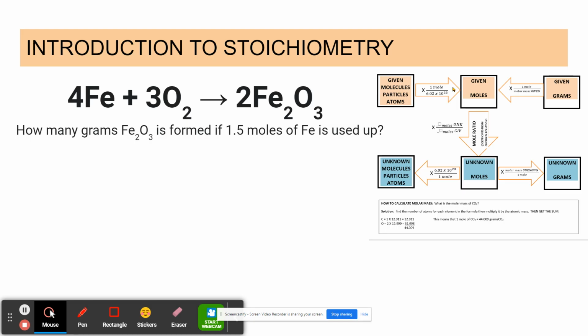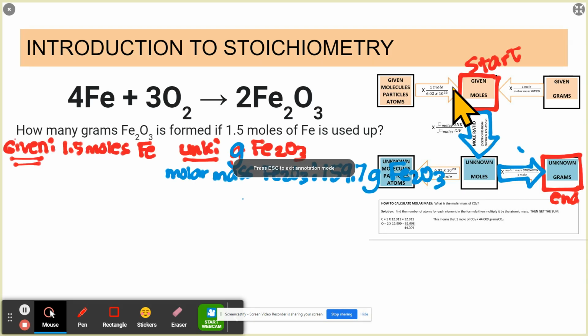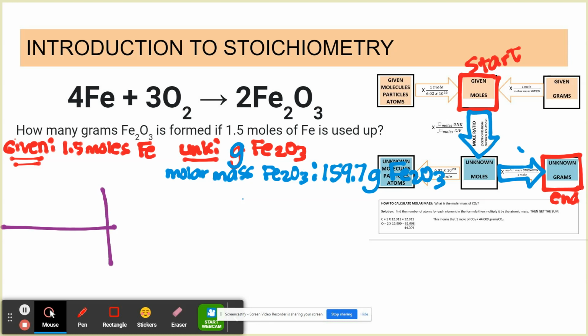Let's set it up. The setup starts with drawing the boxes, the quadrants. Always start off with the first two boxes. There's nothing at the bottom, and then the given goes at the very top box. So that's going to be 1.5 moles of Fe. That's where we are.